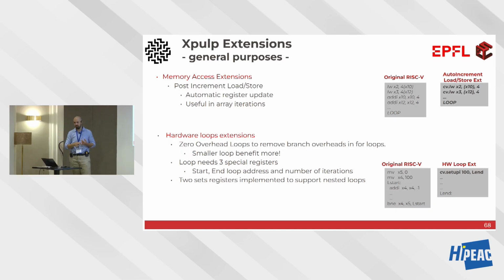That's why the end is needed. You also need to know when to stop, and the number of iterations. Like this, you set these three special purpose registers, and now the CPU knows when to branch back, how many times, and when to start doing that.